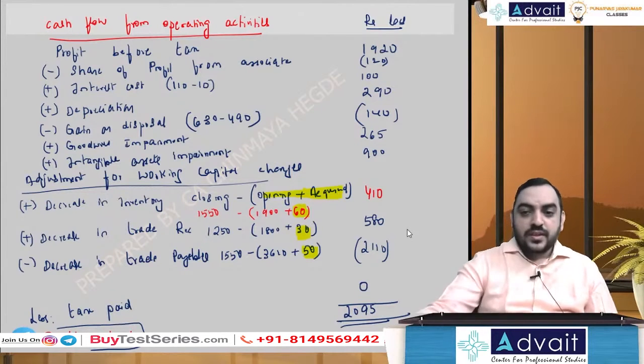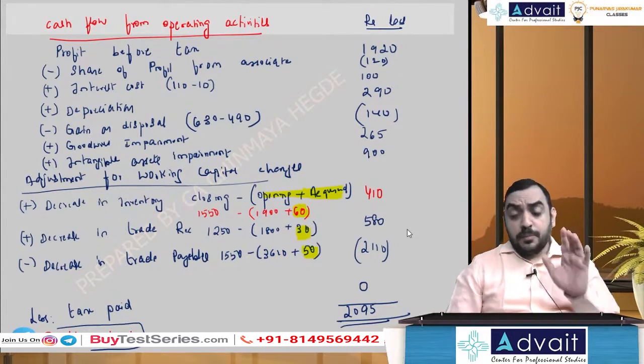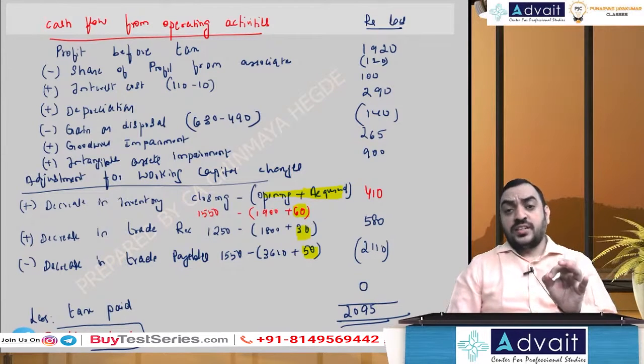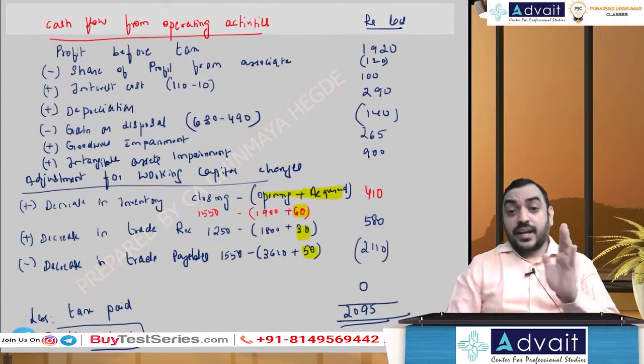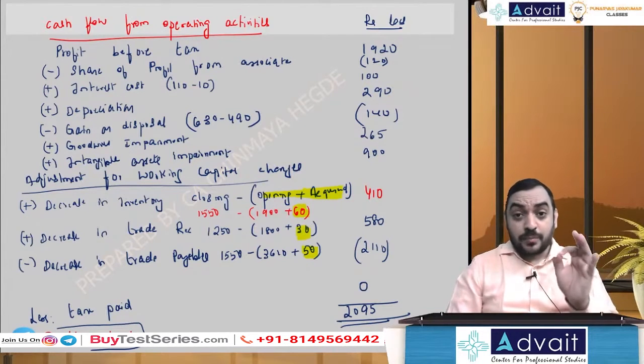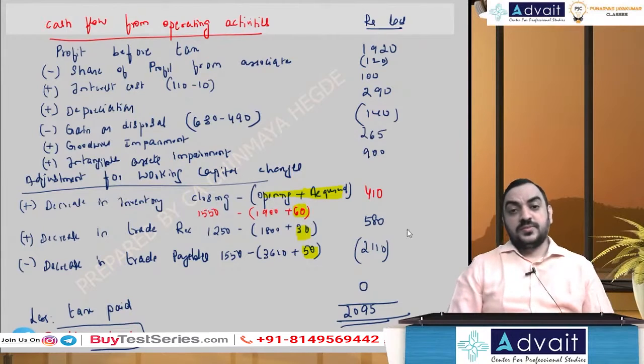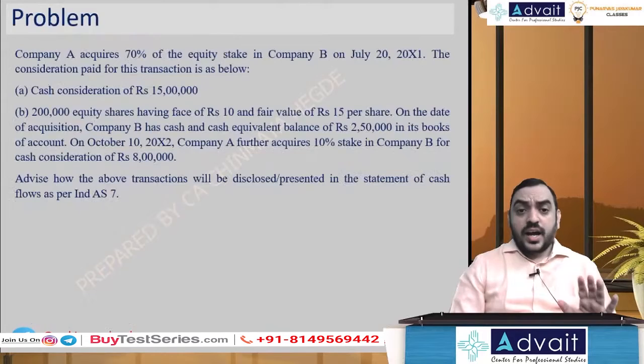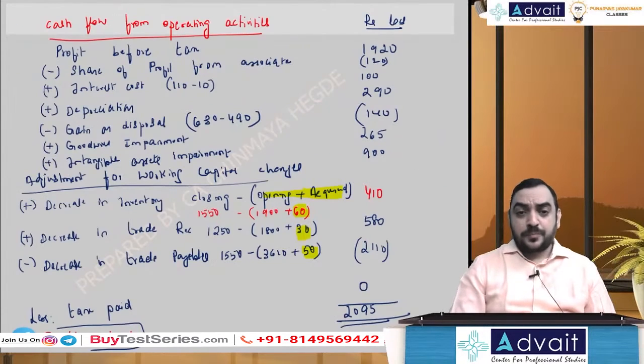Okay. Hope you got these points. Important point is that while doing working capital changes, you should eliminate the assets and liabilities which are part of acquisition. Okay, fine. Now, I'll just prepare extract of investing and financing and extract only.